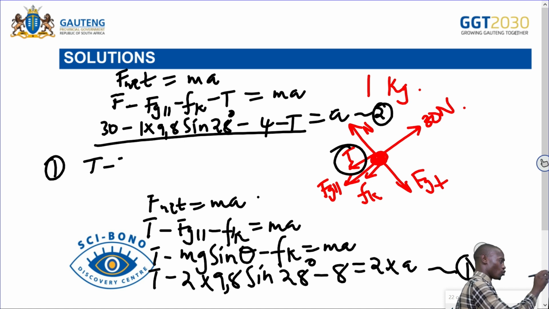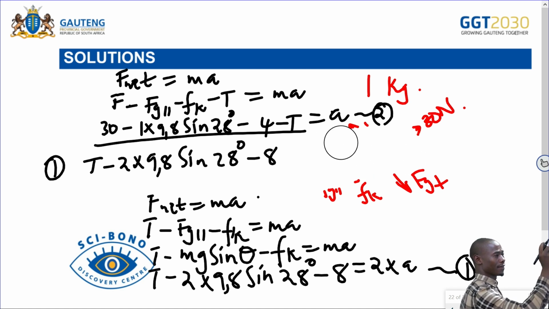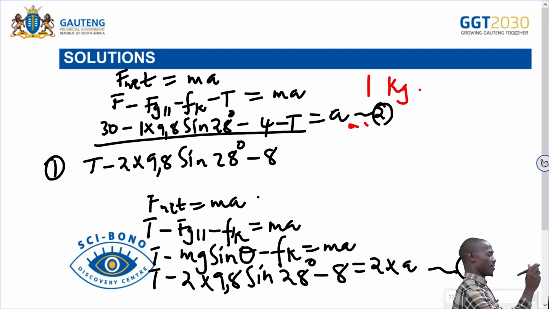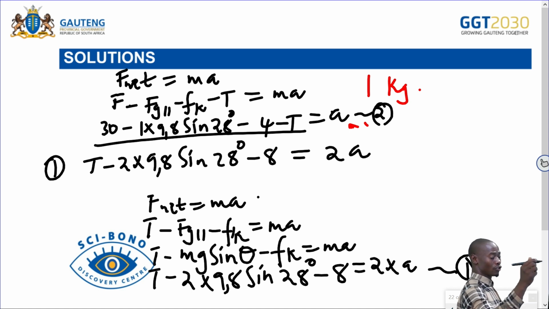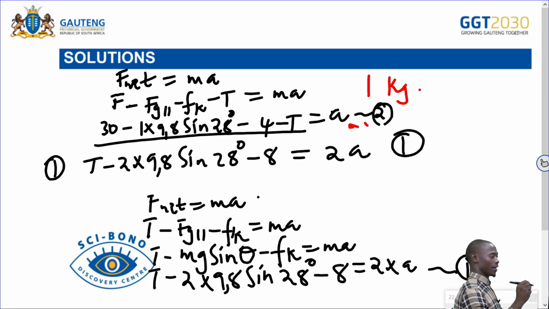T minus 2 times 9.8 sine 28, minus 8, equals 2A. This is equation 1. Now I'm substituting equation 2 into 1.